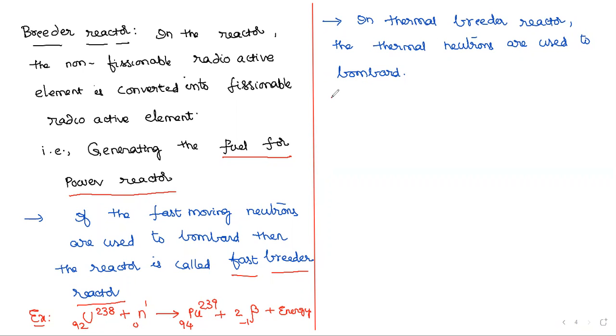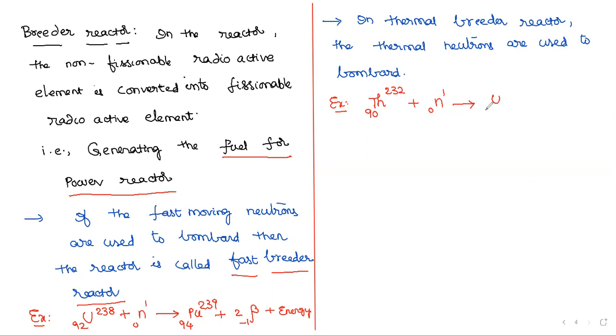Whereas, if you take another example, suppose I take thorium, atomic number 90 and mass 232, bombarded with a thermal neutron, not a fast moving neutron. This non-fissionable element is converted into fissionable.